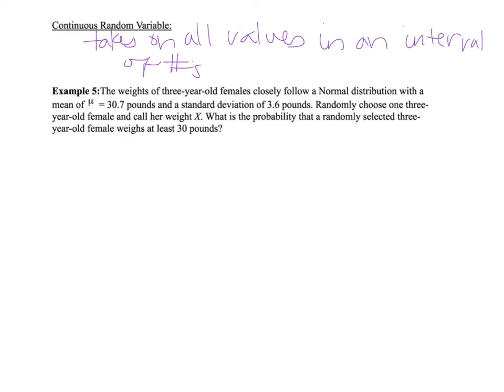And the next example is going to look really similar to something that you've seen before. You'll notice that they tell you that the weights of 3-year-old females follow a normal distribution. So this means that you're going to be using the normal model. We have a mean of 30.7 and a standard deviation of 3.6. We are going to call the weight of one 3-year-old female, this is the random variable, x.